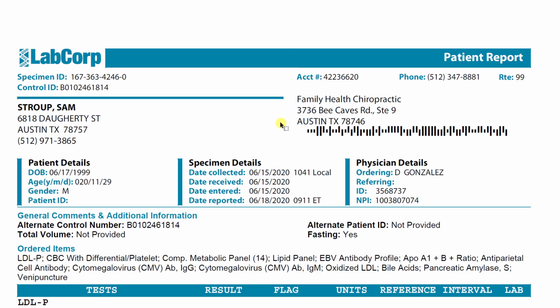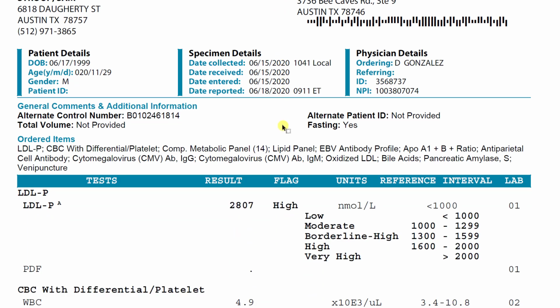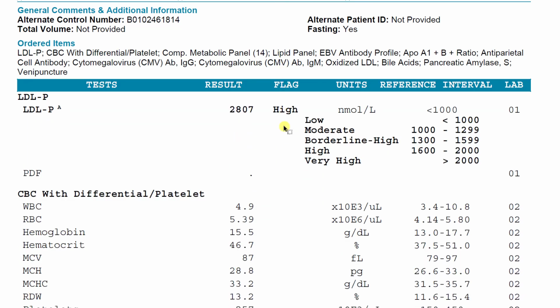The last section here is, again, I will do a full report once I get the final results, which I don't have, but I wanted to go over this with you because remember your cholesterol markers were elevated, and I know you were following a keto diet, which would be expected. But I was concerned because cholesterol by itself is not going to cause problems; particles cause damage to our arteries, and something specifically known as LDL-P.